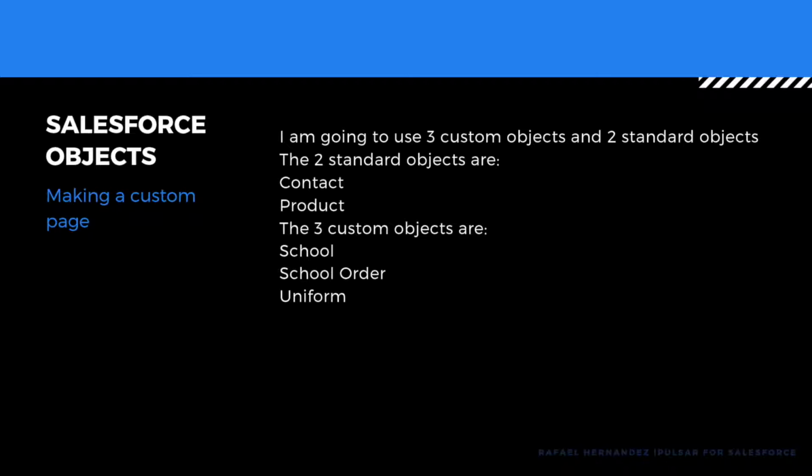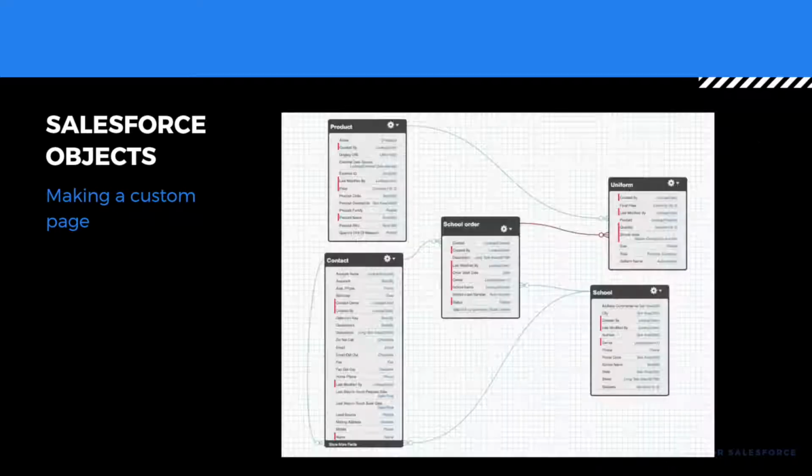I'm not gonna explain uniform a lot now. I'm gonna explain it later, but you need to understand now that there is a relationship between school order and uniform, and a school order is made by many uniform objects.